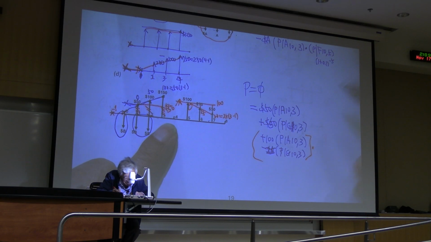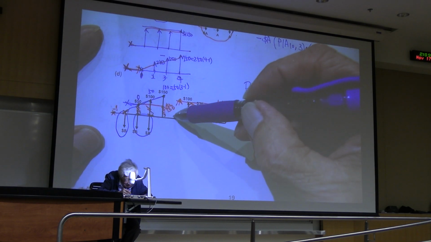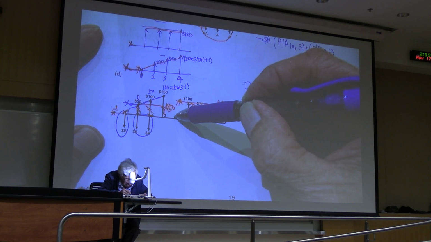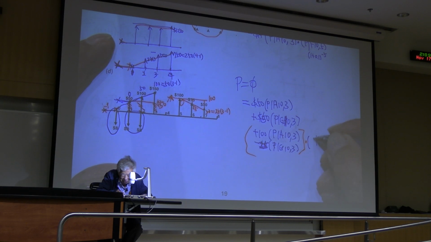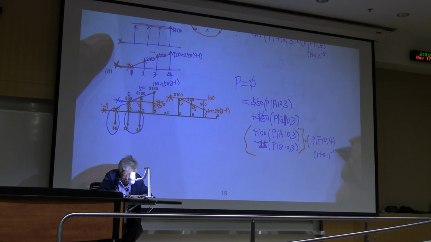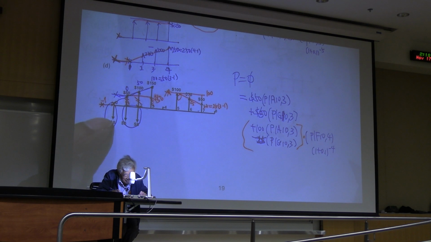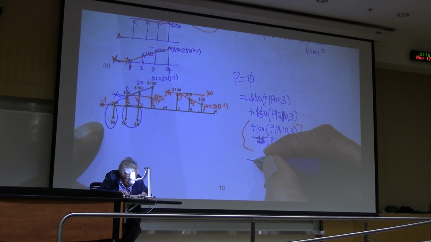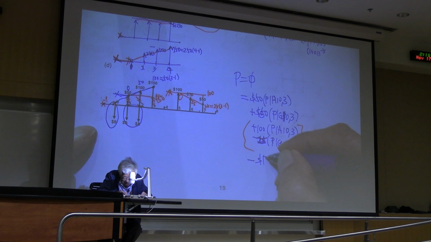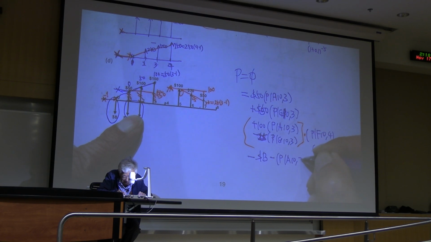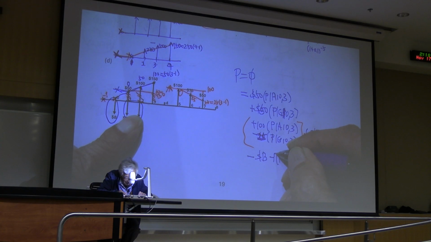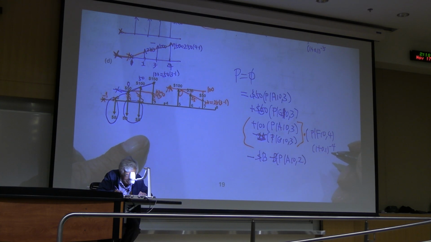Both terms refer to a present value at interest period 4. You need to move that back to 0. Given F to find P, 10, 4, or 1 plus 0.1 to the minus 4. Lastly here, minus B, minus given A to find P, 10, 2. This is B.